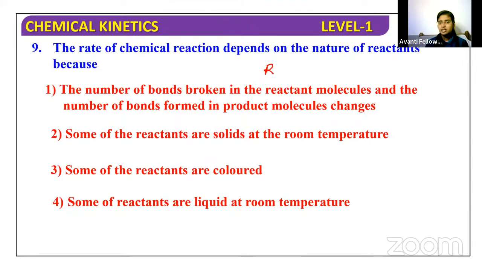We have studied that rate is directly proportional to surface area, right? Under nature of the reactants, we have studied this relation only. So which is the correct answer? Sakshi 1, Sanika 2, Aisha 1. What about others?